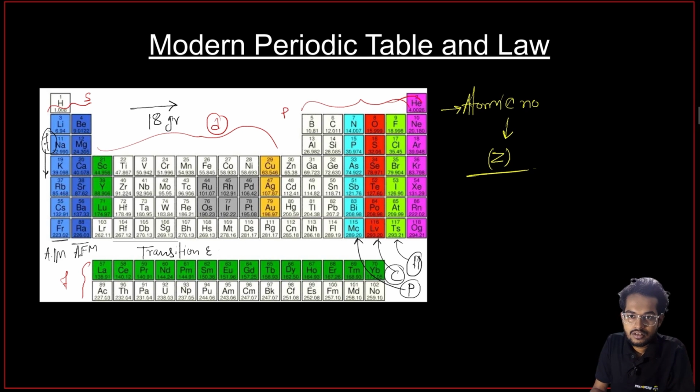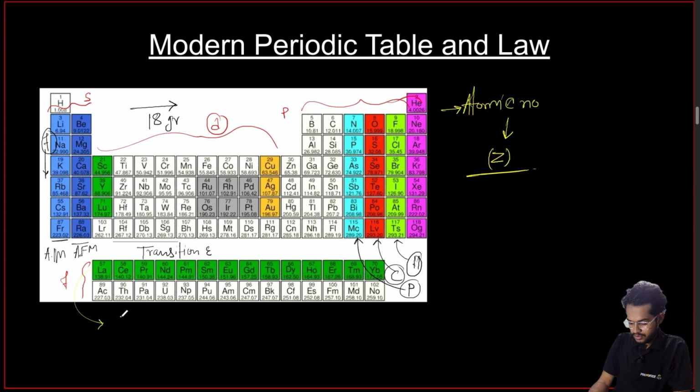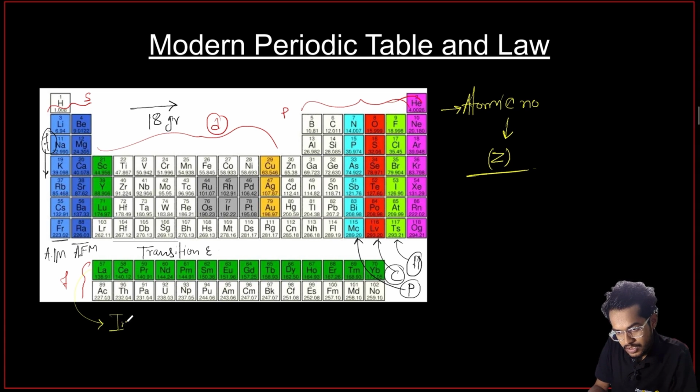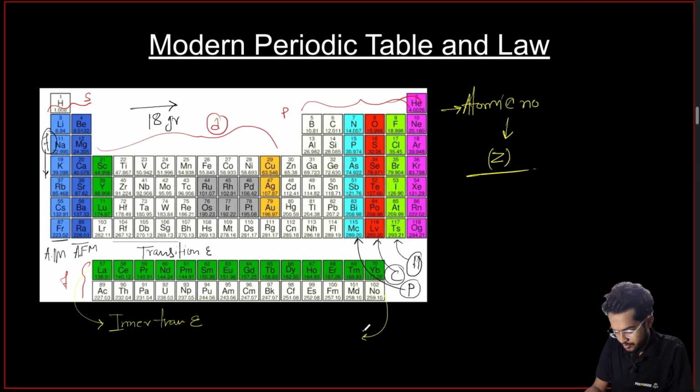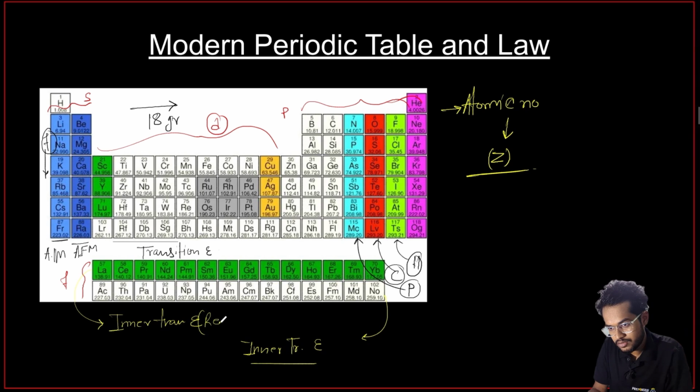And for the F block, this first row is inner transition element, and this second row is also inner transition element. We call these both rare earth metals also.